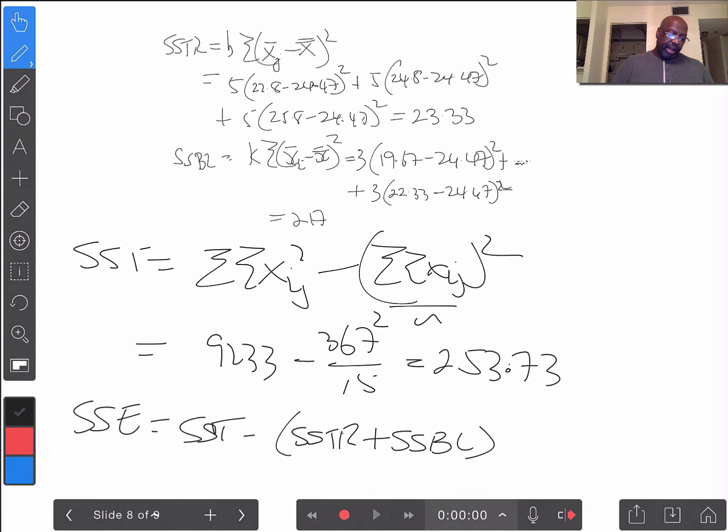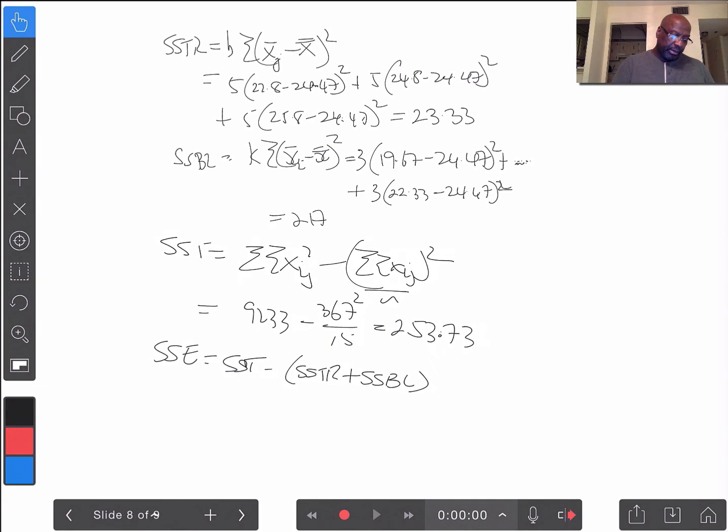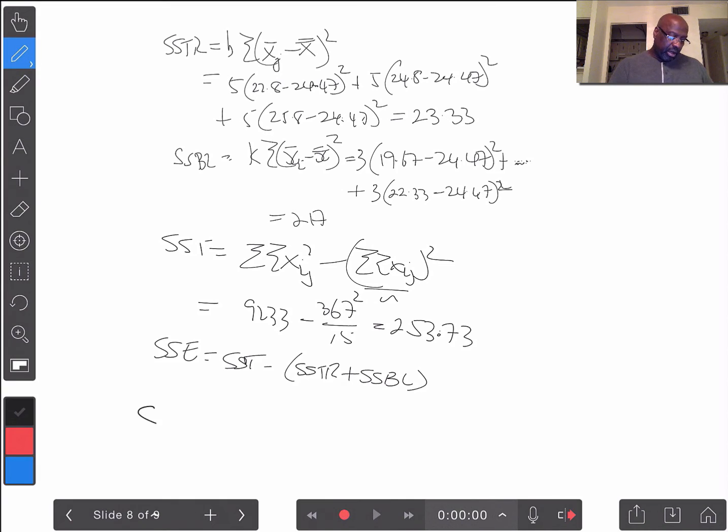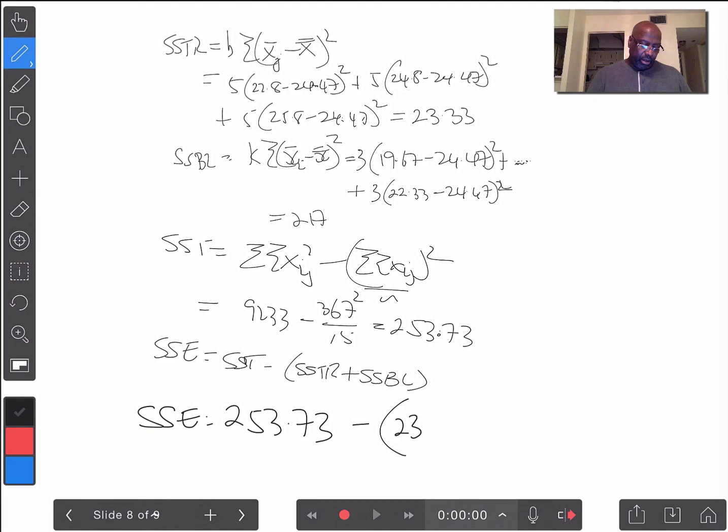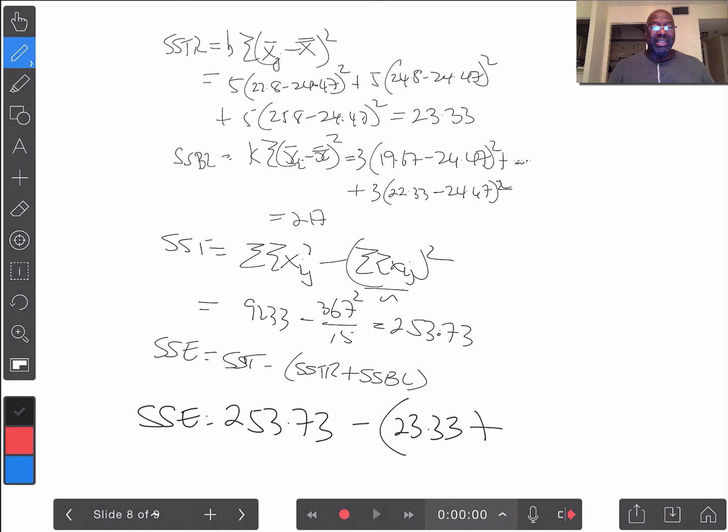Substituting the values in here, SSE is equal to 253.73 minus the sum of 23.33, that was SSTR, and SSBL is 217. And so SSE turns out to be 13.33. Good. So now we have everything that we need.